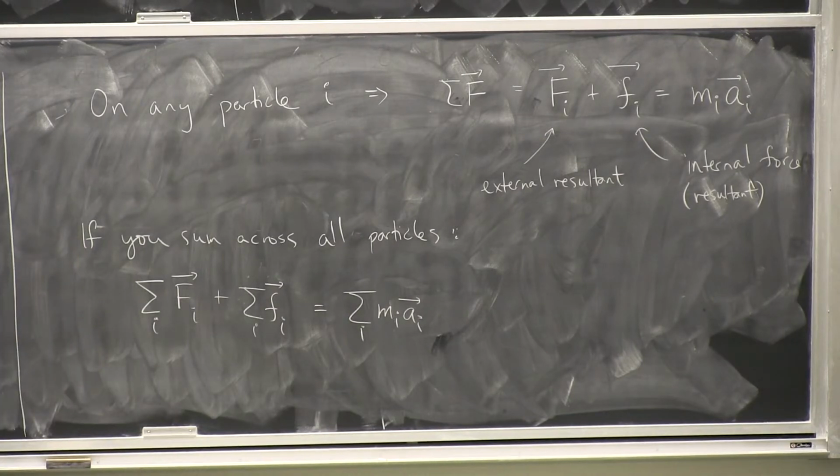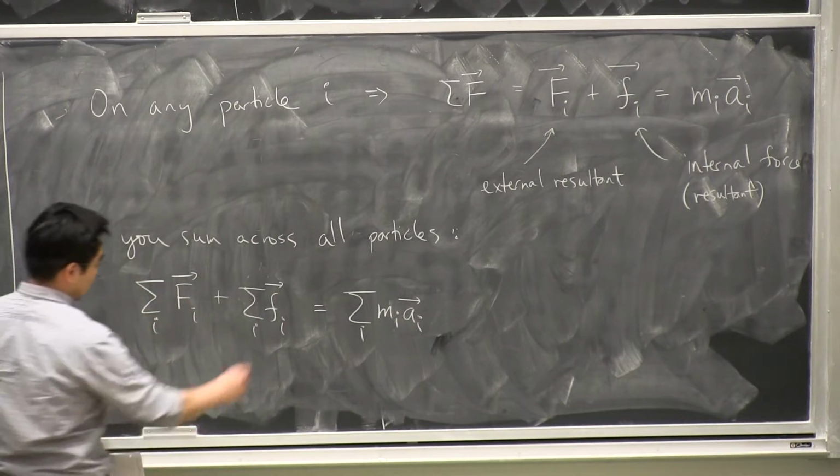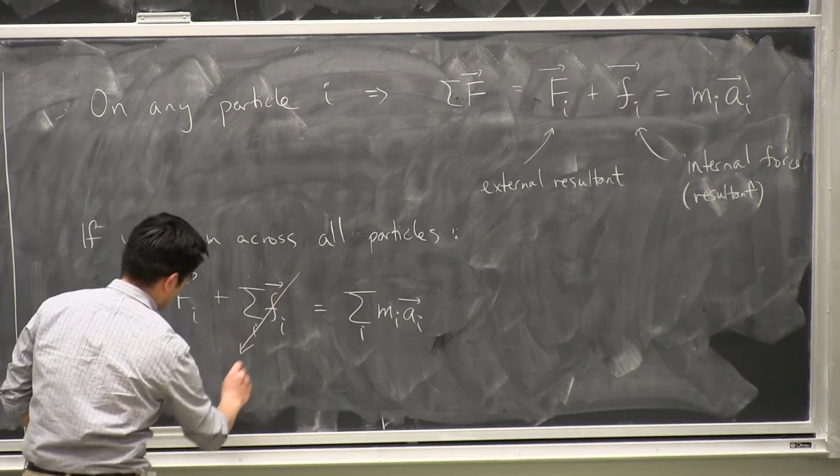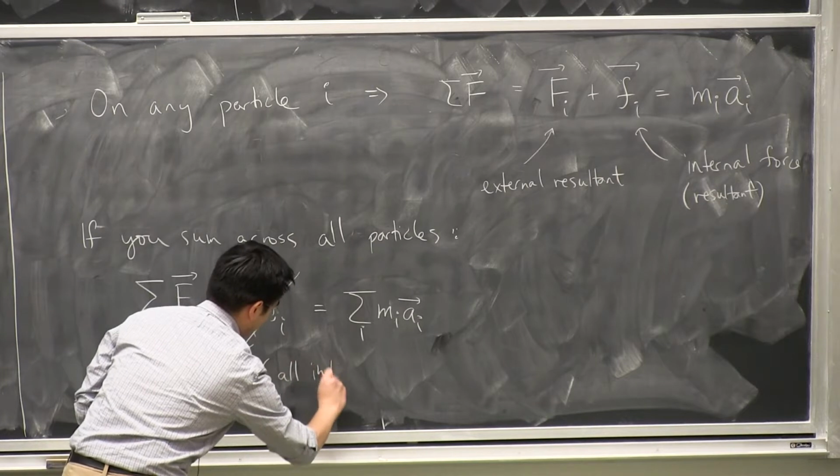So every little particle within the system has its own ma, and you just add all of the ma's together in the system, and this is now mathematically true on the left and right hand side. Now, this is all internal forces, so this becomes equal to 0. All internal forces cancel.